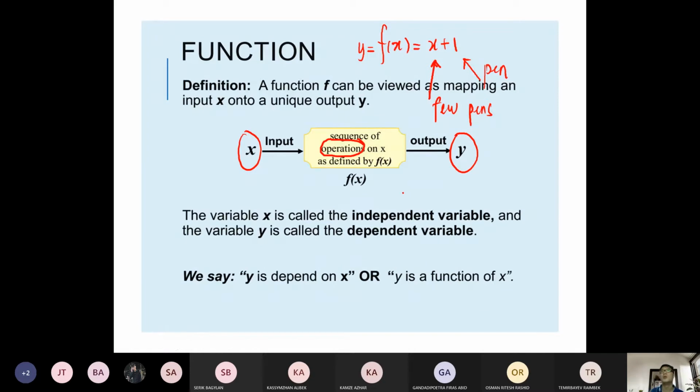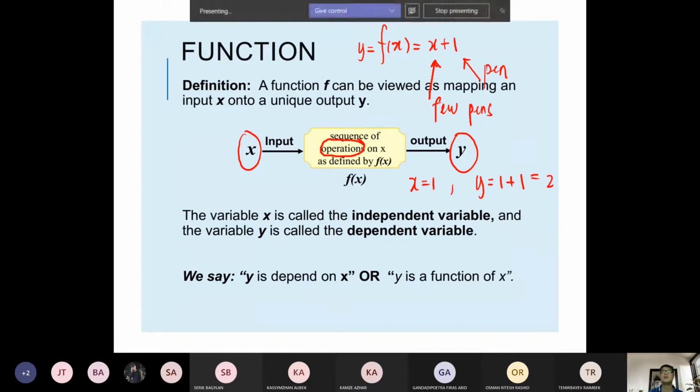So what if X is 1? What do you get for Y? It will be 1 plus 1, so it will be 2. From here we can see that when the input is 1, after this function, the output is 2.